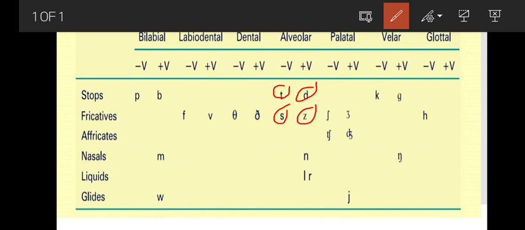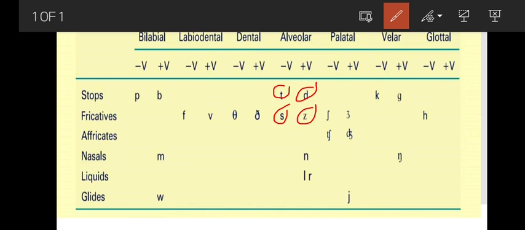If you pronounce it, you will feel the tip of your tongue touching the teeth ridge, or alveolar ridge. So t, s, d, z, n, l, r. All these sounds are alveolars because they are pronounced when the tongue is touching the alveolar ridge.